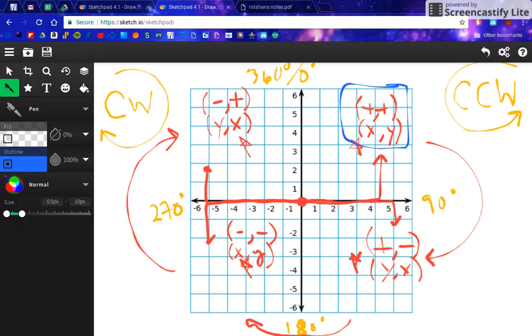So for no rotation, this is the original stuff. So for 0 degrees or a 360-degree rotation, you'd have positive x, positive y. That's all that means.